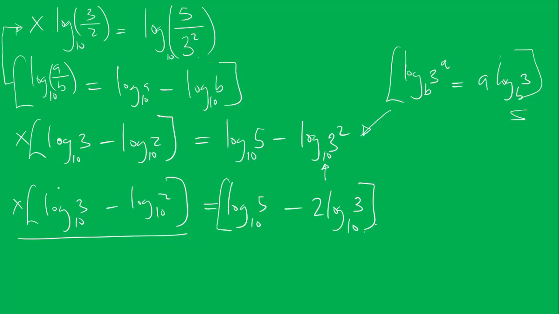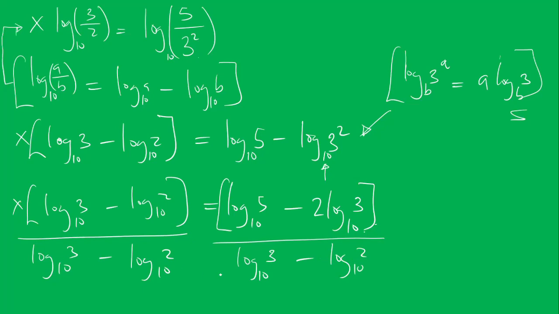Dividing both sides by log 3 base 10 minus log 2 base 10, we divide by the same expression on both sides, because what you do to one side, you also do to the other side so that the equality sign will still remain.